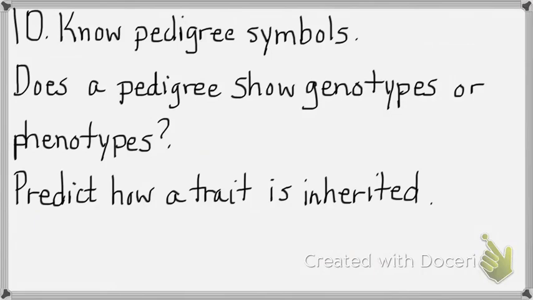And if you show the disorder, what do you do? Color it in. Okay, now you're going to have to be able to tell me how a trait is inherited. And you have three choices at the top of page 131: autosomal dominant, autosomal recessive, and X-linked recessive. So you want to go back and review those clues.